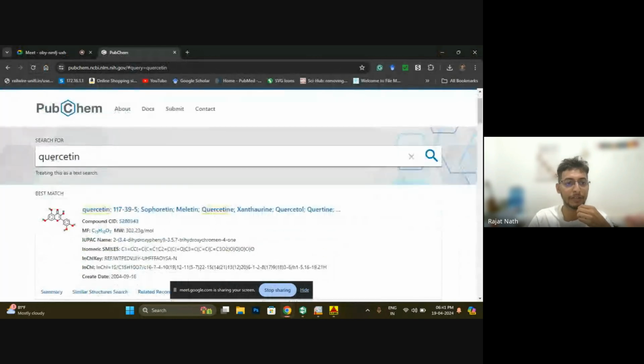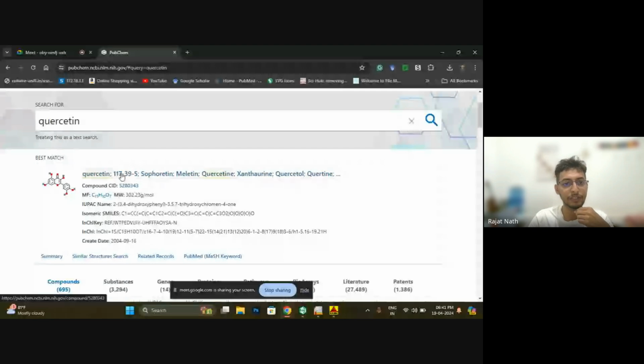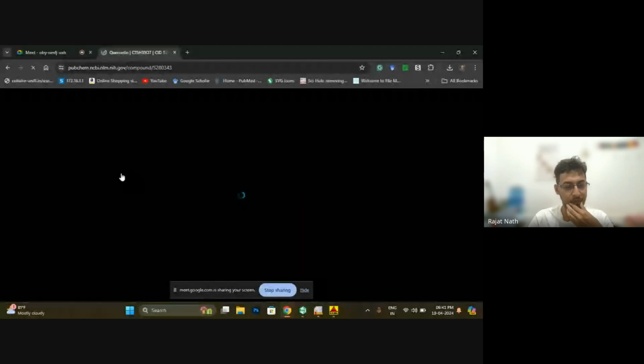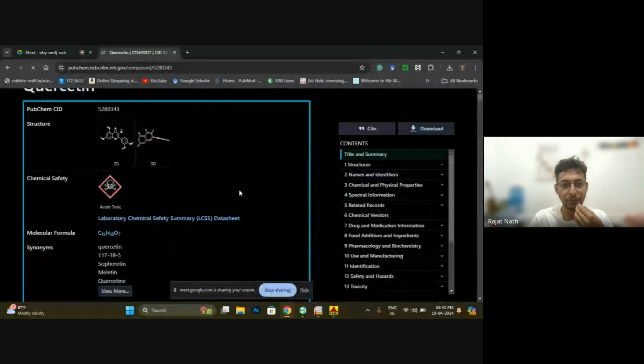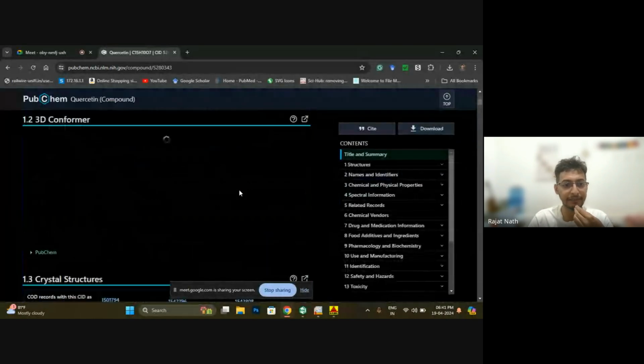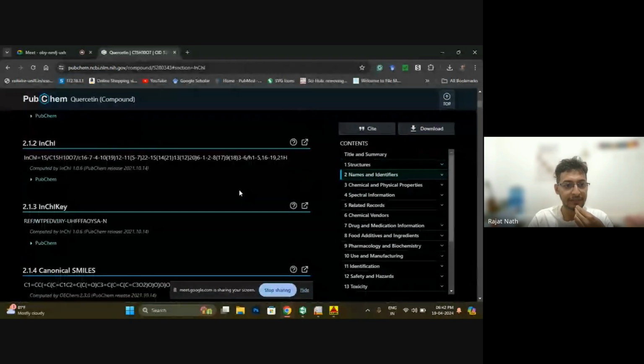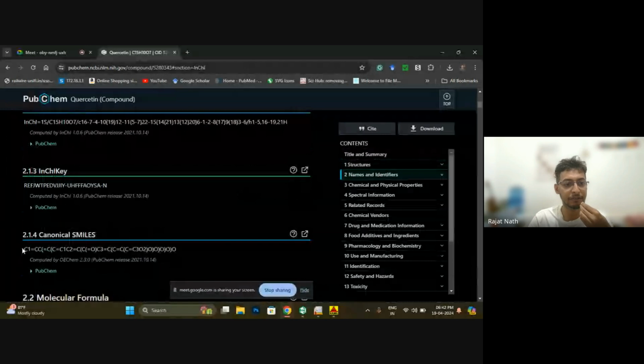We search a compound named quercetin, and if we click on this quercetin, we will get the canonical SMILES here. This is the canonical SMILES for the same.